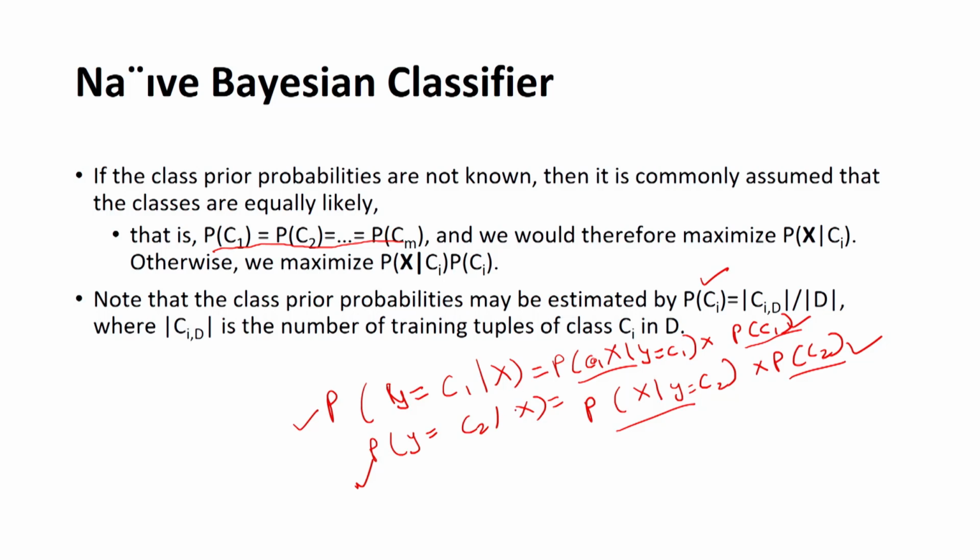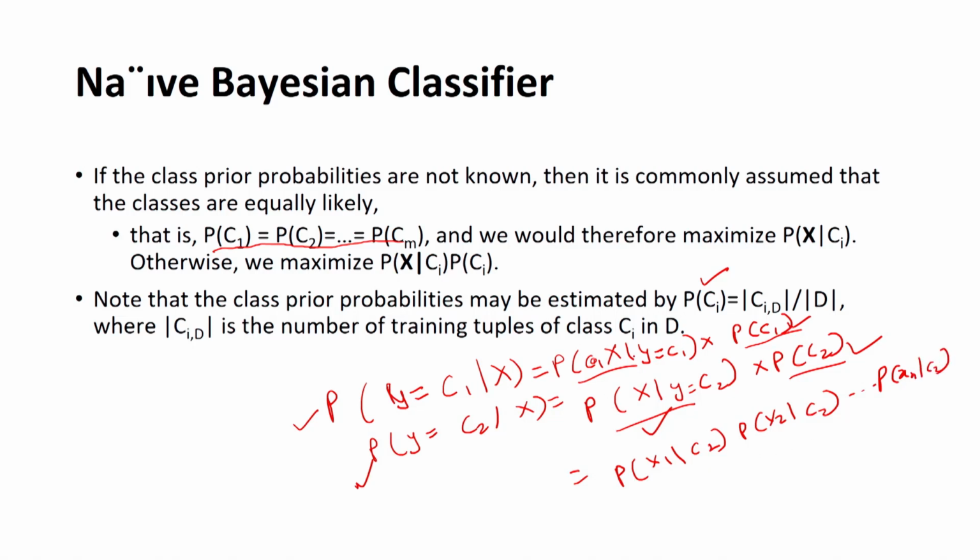Now, we will see how we will calculate probability of x given y is equal to C2. We have already seen that by the assumption that all the features, x1, x2, up to xn, are independent of each other, this can be written as probability of x1 given C2 into probability of x2 given C2 up to probability of xn given C2.